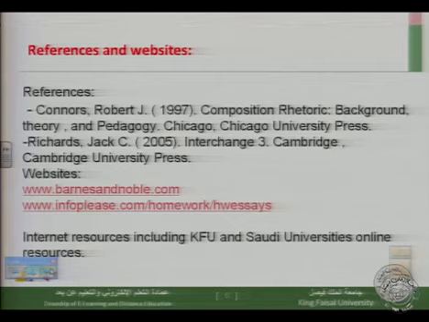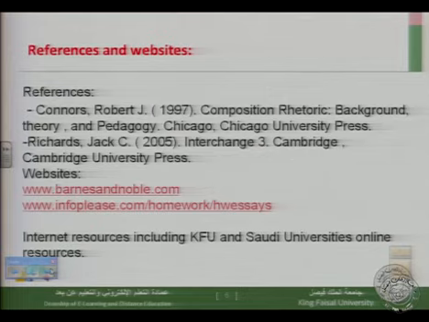So those two websites may help you in your revision or in your studies. The internet resources also include Faisal University and Saudi University's online resources. So it will be helpful for you to use the internet resources including Faisal University and Saudi University's online resources.